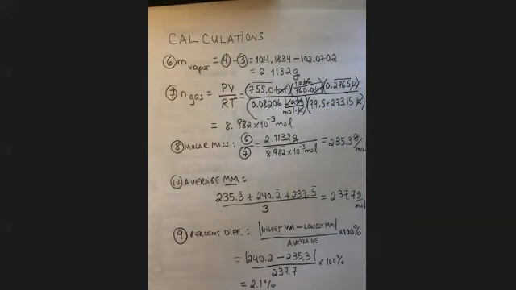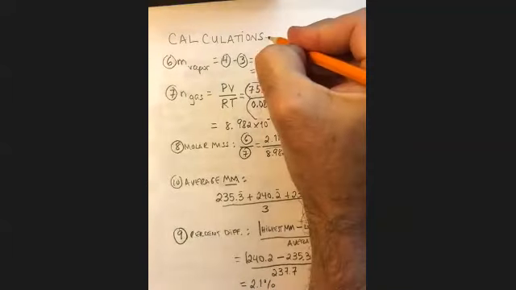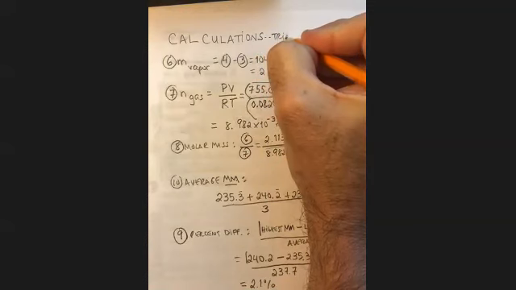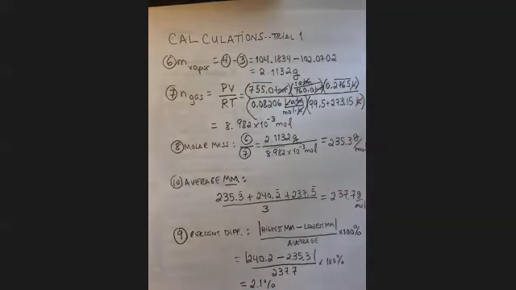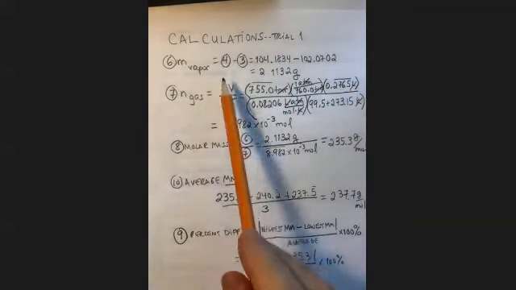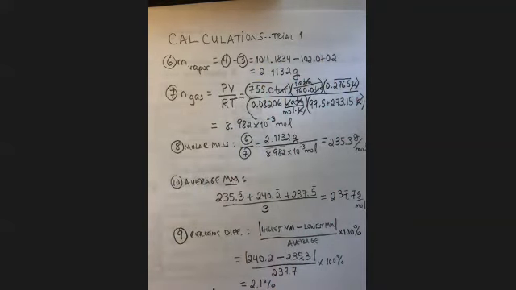You're only required to show one set of them. So for example, in this case, we showed just trial 1, and that is enough. Now, you also need to display, besides the calculations for trial 1 or 2 or 3, you also are required to present, to show the calculation of the average and the calculation of the percent difference.